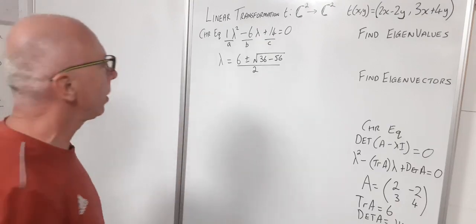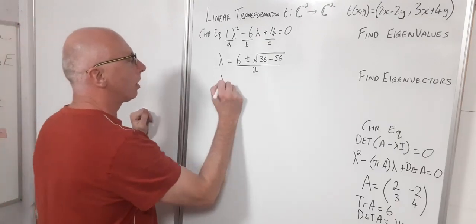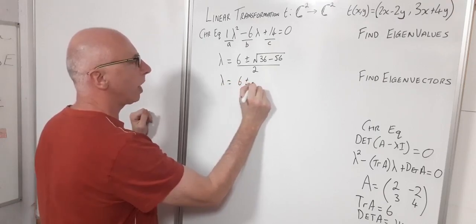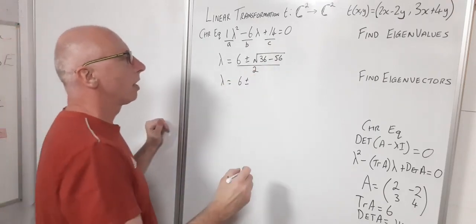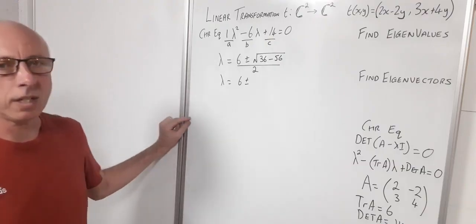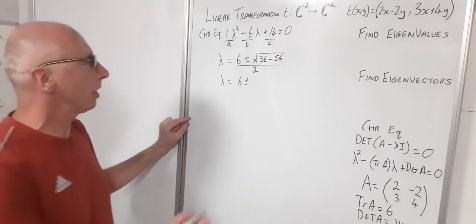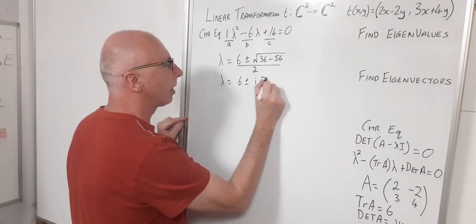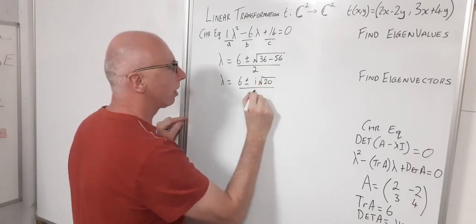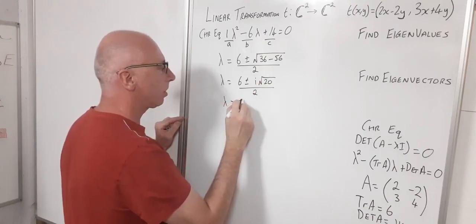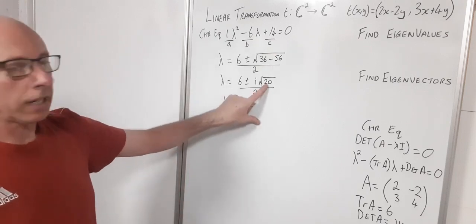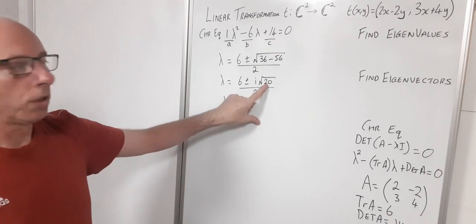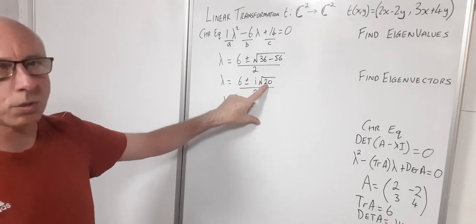Okay, let's go for this one. Lambda equals 6 plus or minus the square root of 36 minus 56, which gives us minus 20. The square root of minus 20: let's take i out of it, and then the square root of 20 over 2, which gives us 6 plus or minus i times the square root of 20, which is the same as the square root of 5 times the square root of 4. The square root of 4 is 2, so it's 2 root 5.